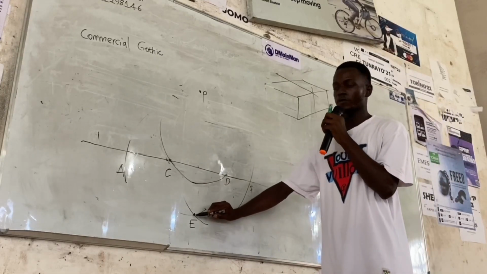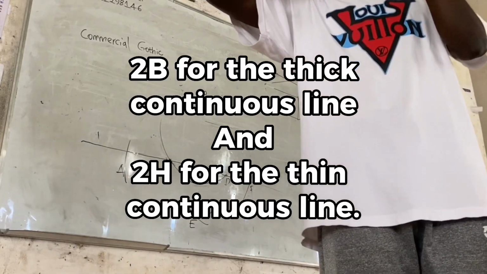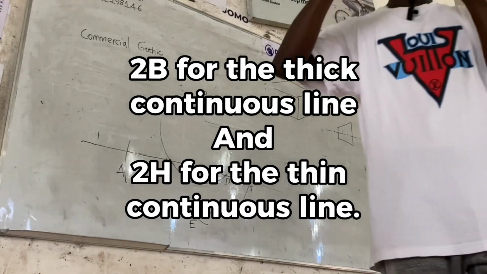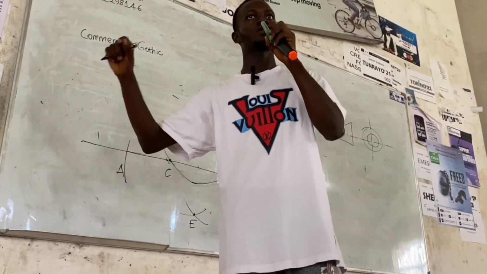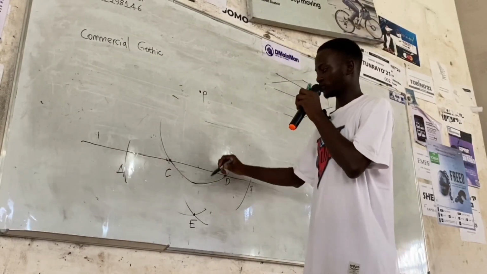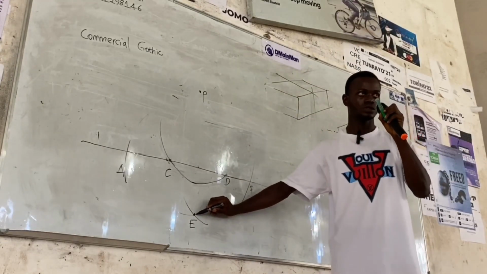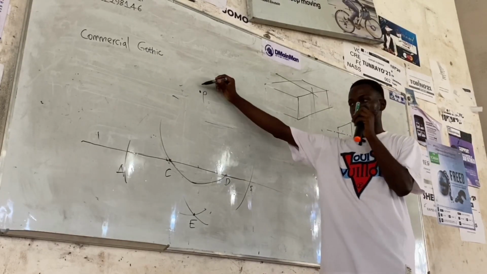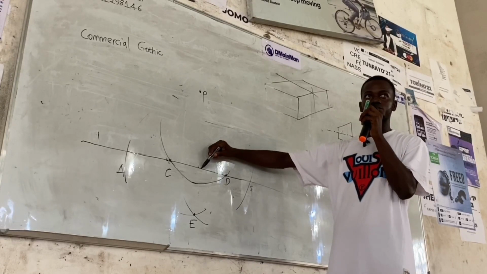With your ruler and your pencil, I would advise you to use your 2B for thick continuous line and 2H for your thin continuous line. With your ruler being placed at this point and at the same time at point P, you draw a perpendicular to line AB starting from this point.